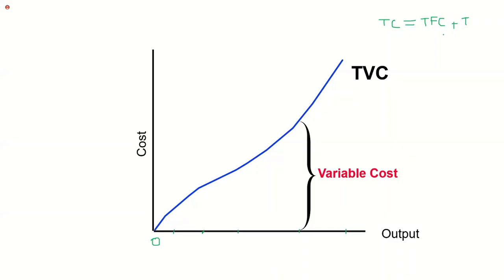And then you have the total variable cost here. T stands for total, V is variable, C is cost. F stands for fixed cost. So how do you think, now this we have drawn, plotted here, how would you draw this total fixed cost here? We know that it does not depend on the output.